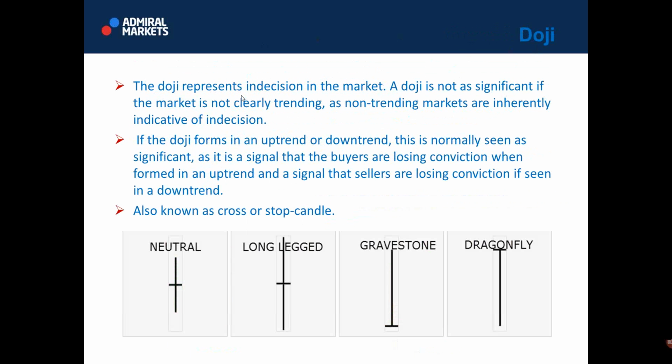Doji. Doji represents indecision in the market. A doji is not as significant if the market is not clearly trending, as non-trending markets are inherently indicative of indecision. What is a non-trending market? It's the market which goes sideways. Okay?